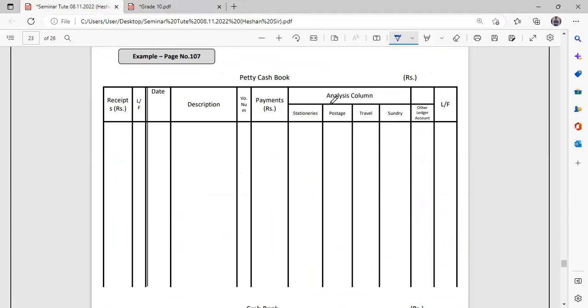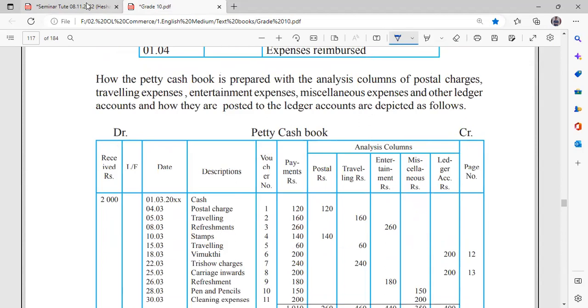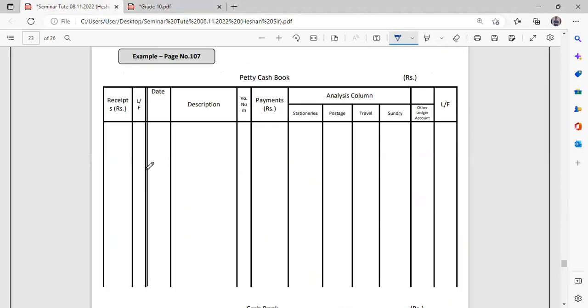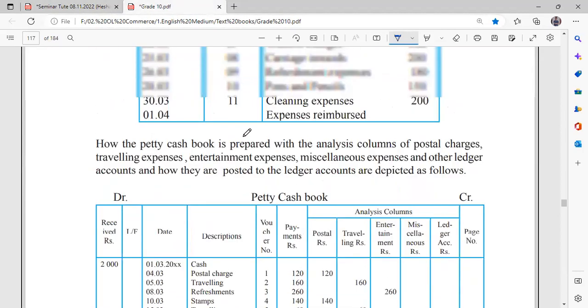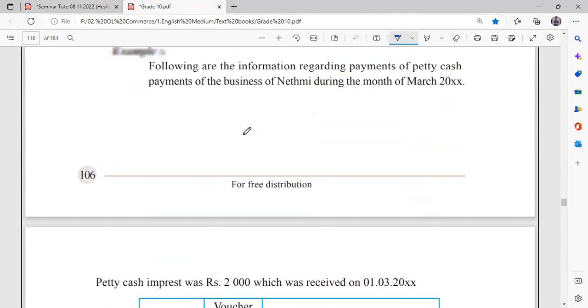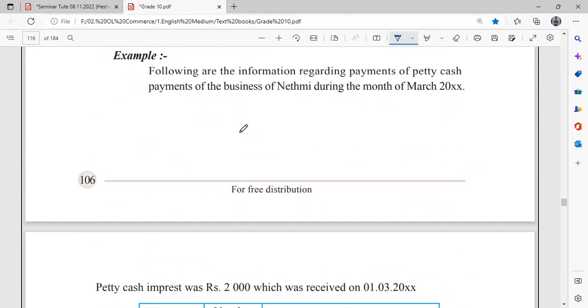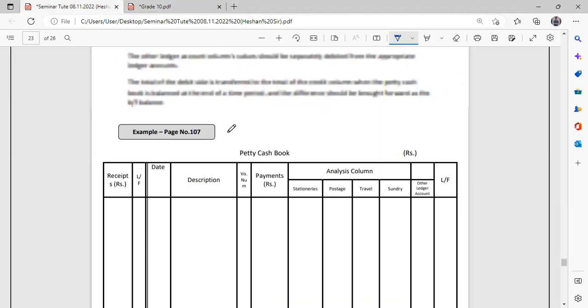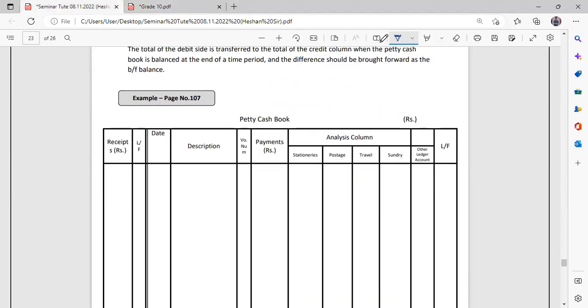And this LF means ledger folio, LF in credit side, this is LF in debit side, right? Now let's see how to record these transactions. Before recording the transaction, we need to find the petty cash. We need to record the petty cash imprest received on 1st March 2022. Okay, now let's see how to record. Now this is our example in page number 107.